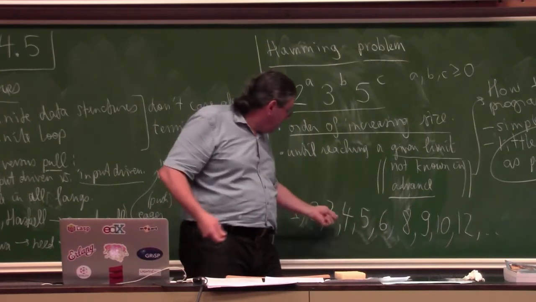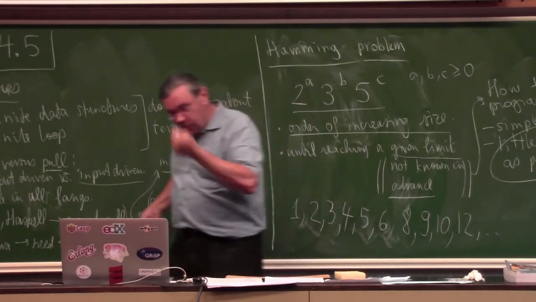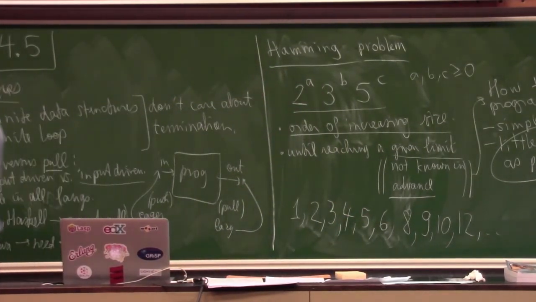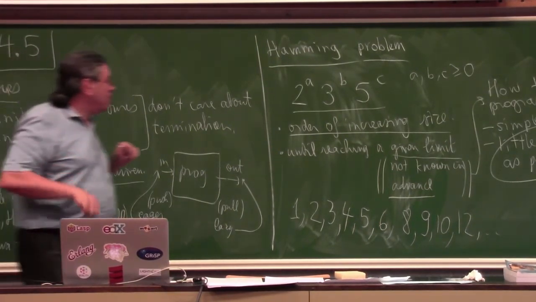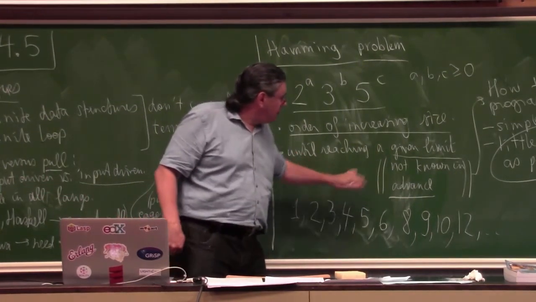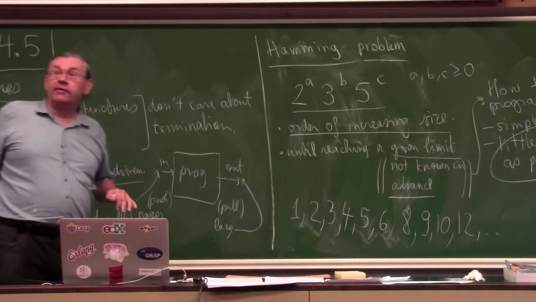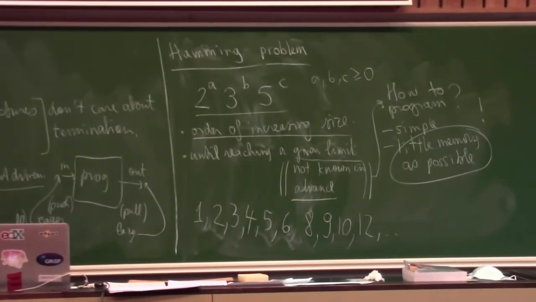So I'm asking for elements, and elements keep coming, and I stop when I have the right number of elements. Okay? So how can I program that with the least number of resources, and a simple program?